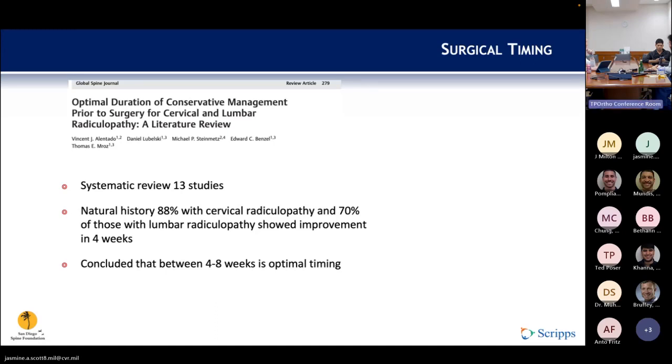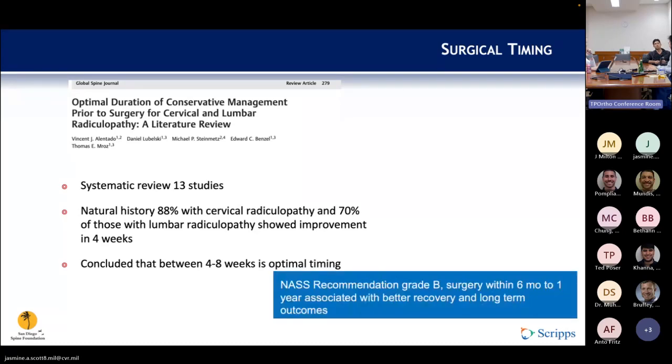And then looking at all these different studies, the time frame of 4 to 8 weeks would be the optimal timing to undergo surgery. This is consistent with the NASS recommendation. It's a little bit longer, obviously, but within 6 months to 1 year, the NASS guidelines say that it's associated with better recovery and long-term outcomes.